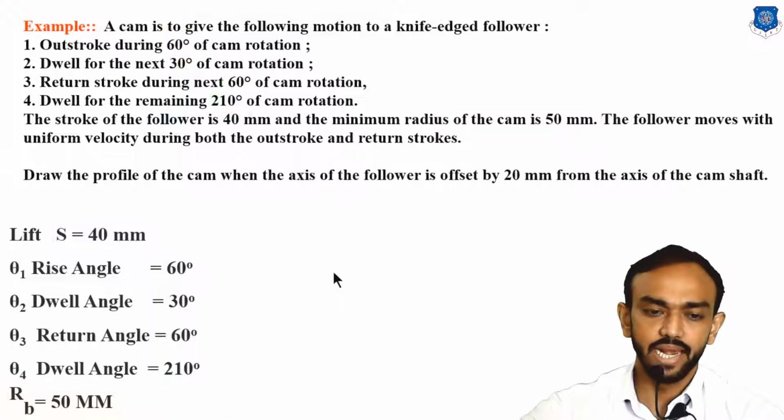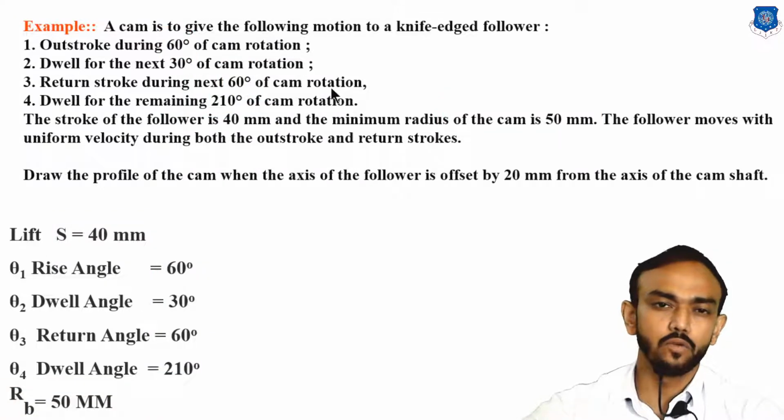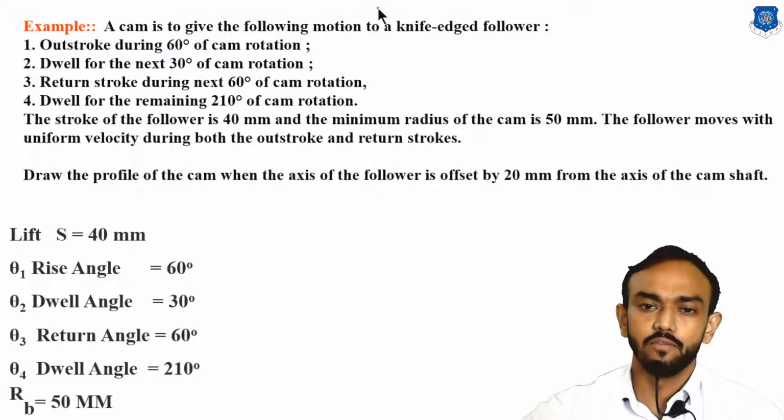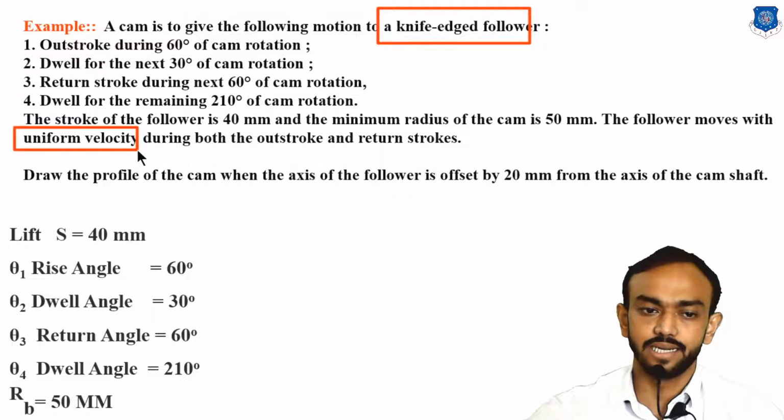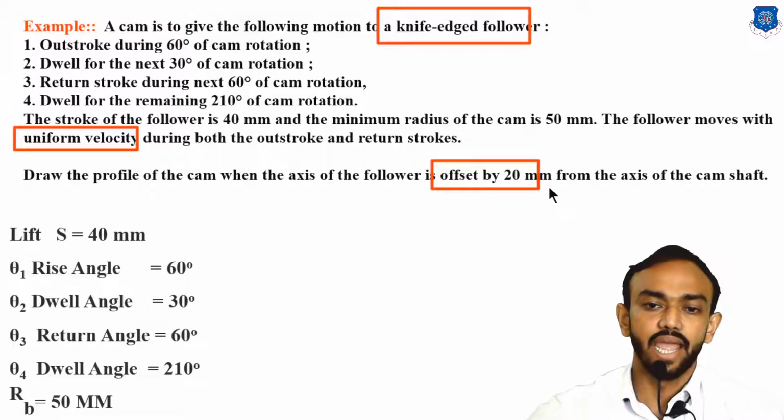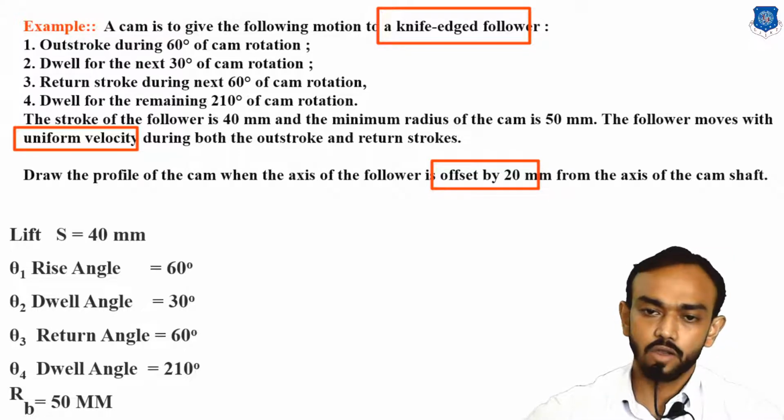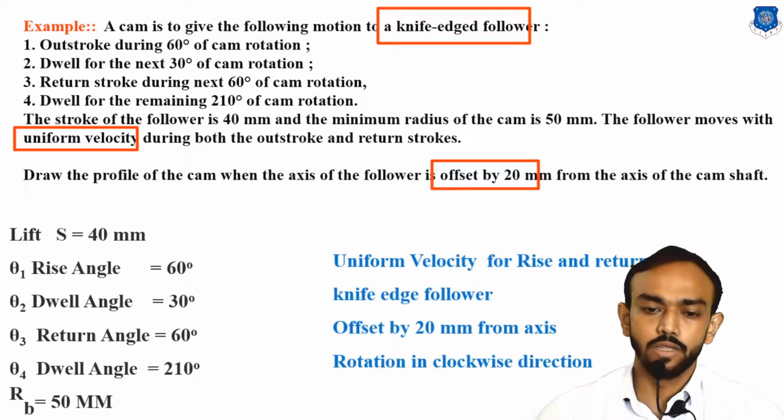Other points we must always find in the given data: knife edge follower, uniform velocity as the type of displacement diagram, offset is given, and we assume the direction of the cam is clockwise. These four points are also very useful when drawing the profile of the cam.